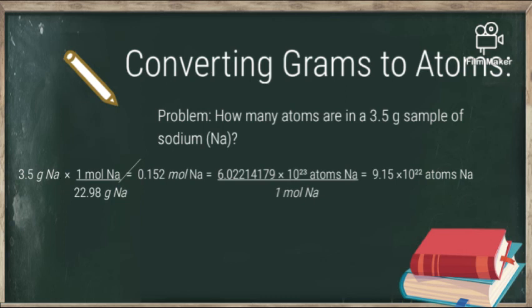Now we multiply 0.152 and Avogadro's constant, which is 6.02214179 times 10 raised to the 23rd power, and we will be left with 9.15 times 10 raised to the 22nd power sodium atoms. So the steps of converting grams to atoms: first we convert the grams into moles, and then we convert the moles into atoms.